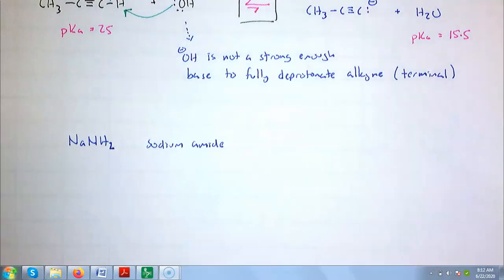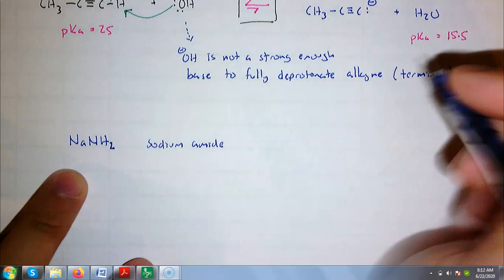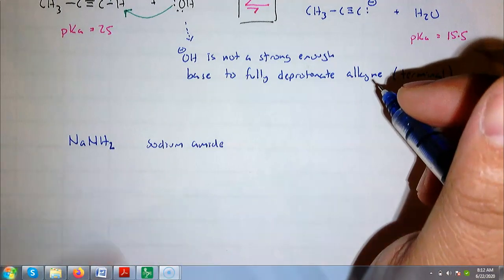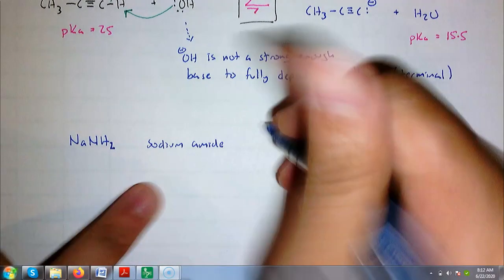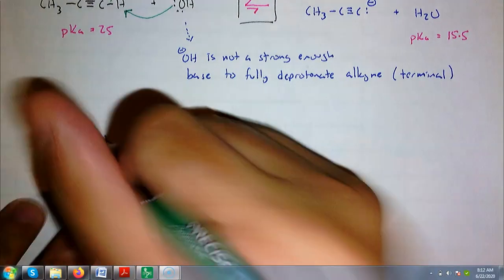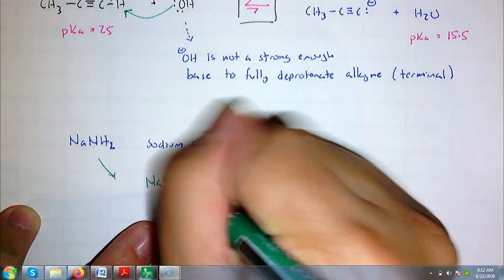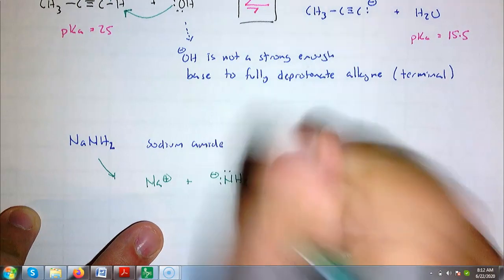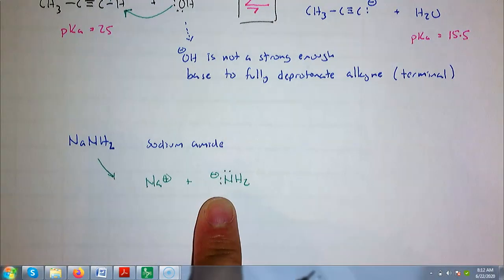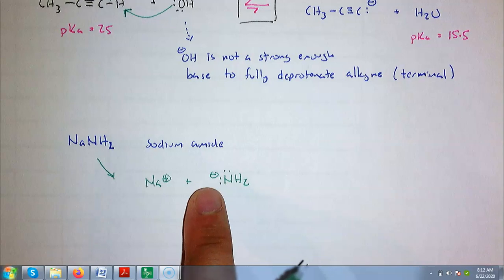Okay. Don't worry why it's called an amide. I'm not 100% sure why. Because amides usually have, well, for me, a carbon-oxygen double bond. But you want to make sure that you understand that this separates into Na+ and NH2-. And you notice that this is the species we use in the mechanism, because you have to show the lone pairs and show that it's anionic.